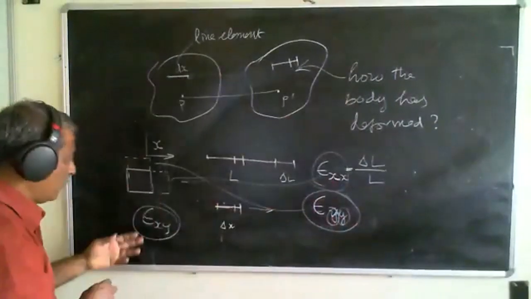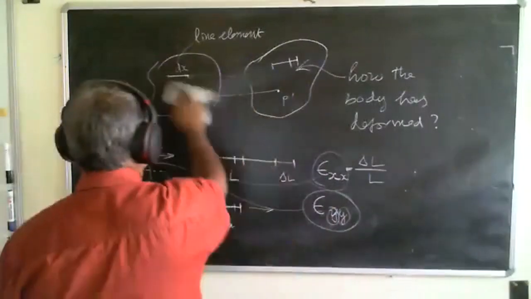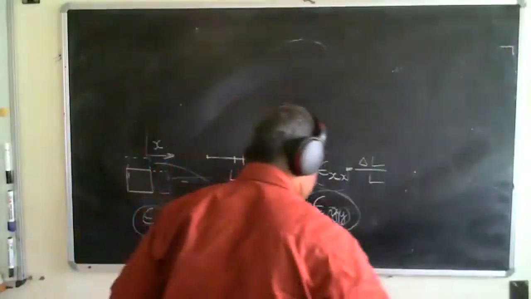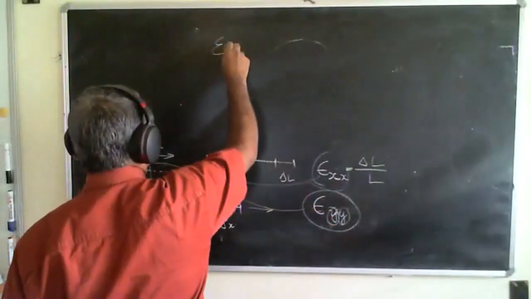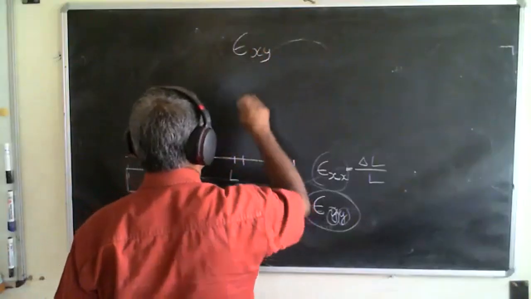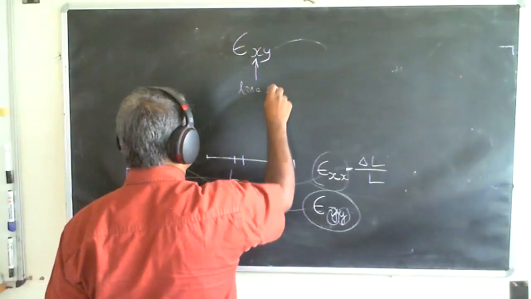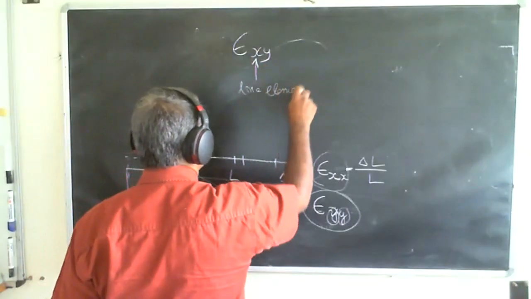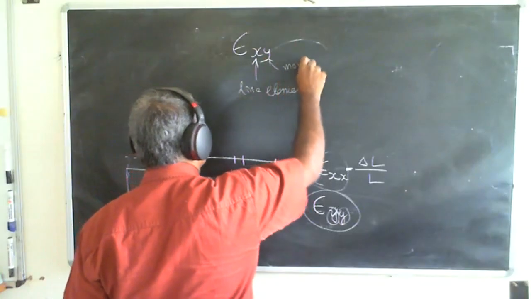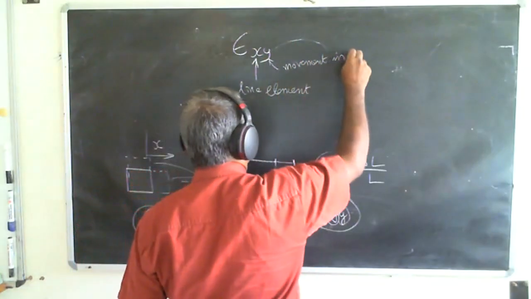So, if I ask the question, what is epsilon xy? Then I'll say this is the line element, and this is the movement in the y direction.